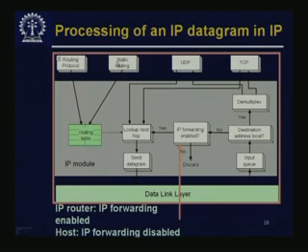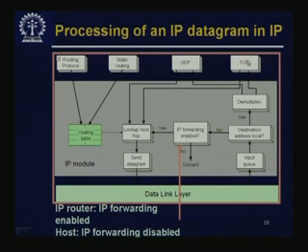Sometimes we also use static routing, I will tell you later on what it means, but for the time being, let us take it as if it has been manually configured. So, some of this stuff may have come here through a routing protocol, some of the entries may have been manually configured, all right.